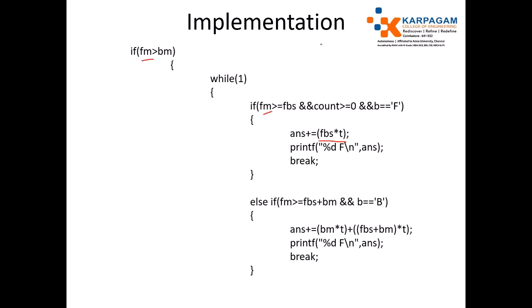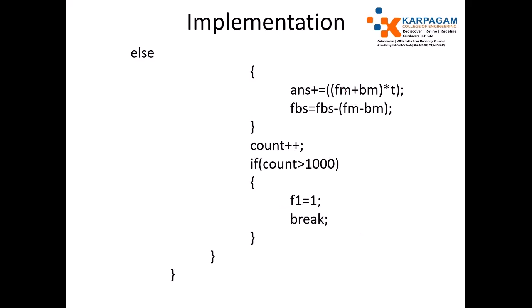If this condition gets false, that is FM less than FPS, you will add FM with BM and multiply by time. So if you wish to get the time, you just find the magnitude of forward and backward direction with the time, and separate with the distance from the banana skin to the person, with FM minus BM.